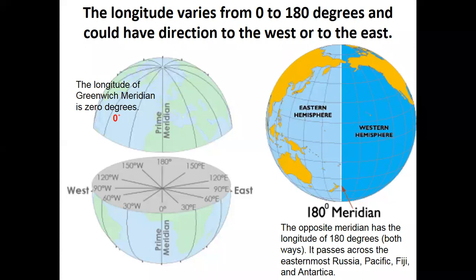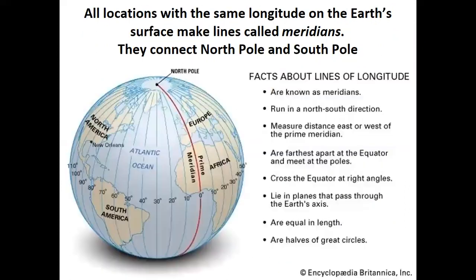It has the longitude of 180 degrees in both directions, west and east. These are also some basic facts about meridians and how they are structured. I believe everyone knows that pretty well.